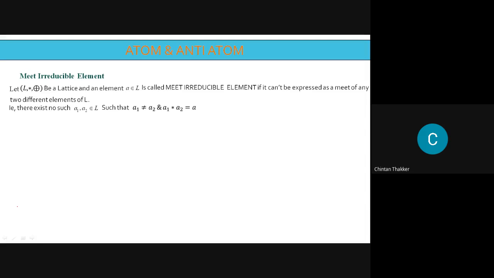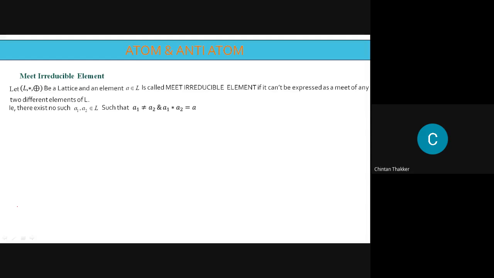Then we have meet irreducible element. So meet irreducible element means we cannot express the element as a meet of any two different elements of L. So that means you cannot represent the element by GLB of two elements.